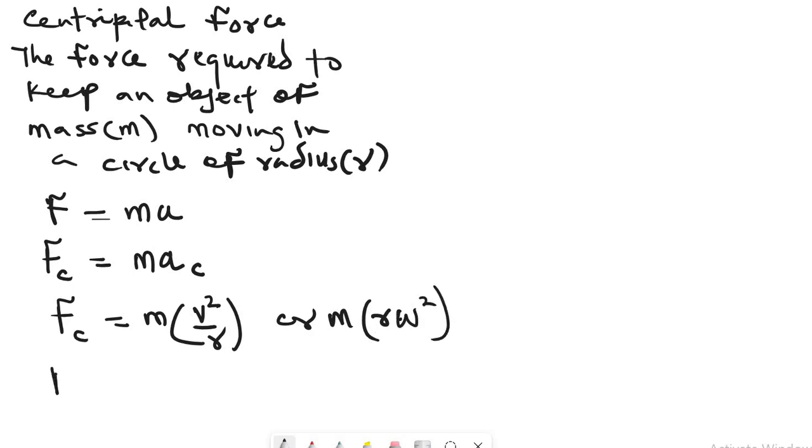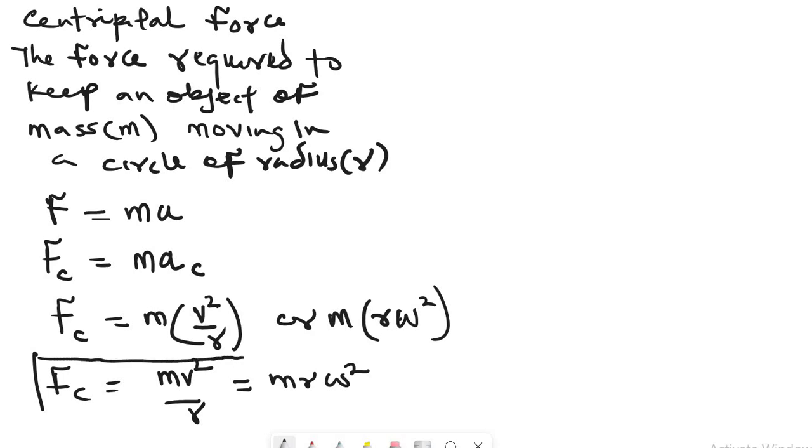So therefore centripetal force can be mv squared over r, or m r omega squared. The force required to maintain an object in a circular motion, which is always directed toward the center of the circle, is called centripetal force.